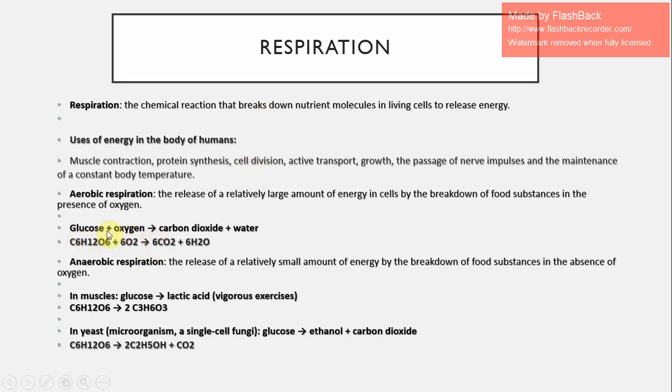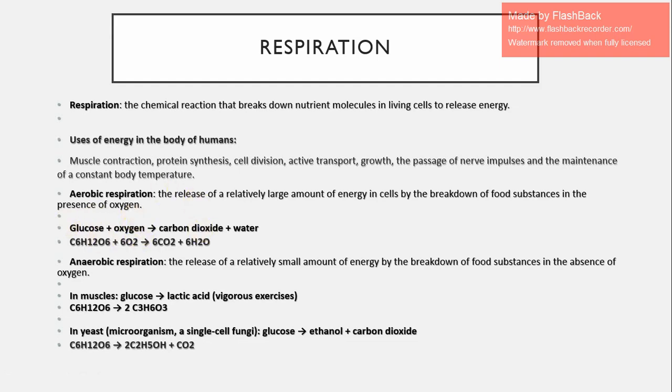Glucose plus oxygen. As we know, respiration is releasing energy from the breaking down of glucose or food. Glucose is broken down with oxygen in a chemical reaction to produce carbon dioxide plus water.